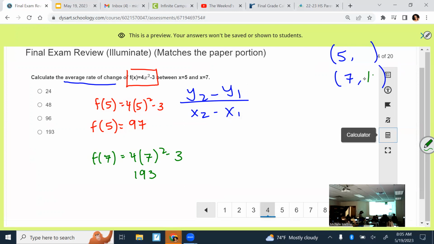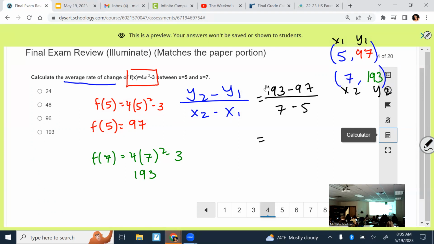So then pair them up if they're correct ordered pair. And now you can do x1, y1, x2, y2, and plug it in. So the way that I labeled it, it becomes 193 minus 97 over 7 minus 5.